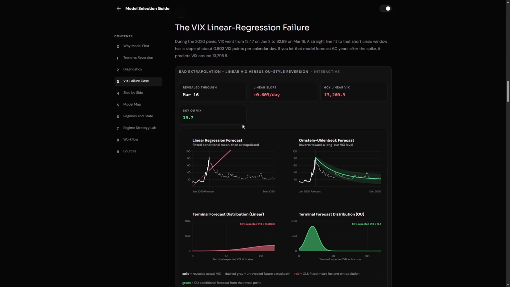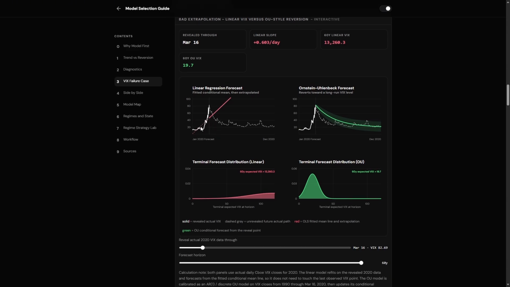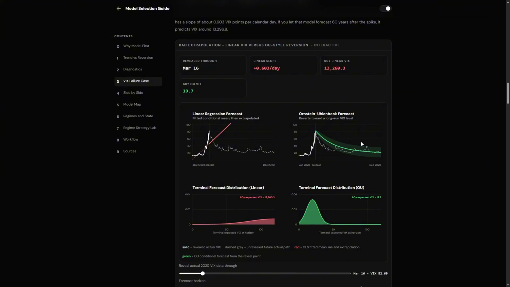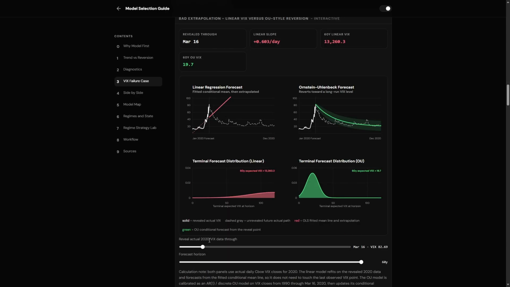I will show how wrong model choice affects real results. This is the actual VIX chart after the 2020 spike. On the left we have a linear model and on the right the mean-reverting Ornstein-Uhlenbeck process. Let's reveal the data. When the spike happened, our linear regression simply suggested that VIX will keep going up.